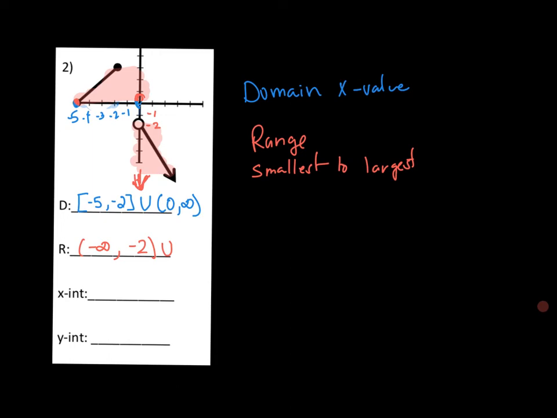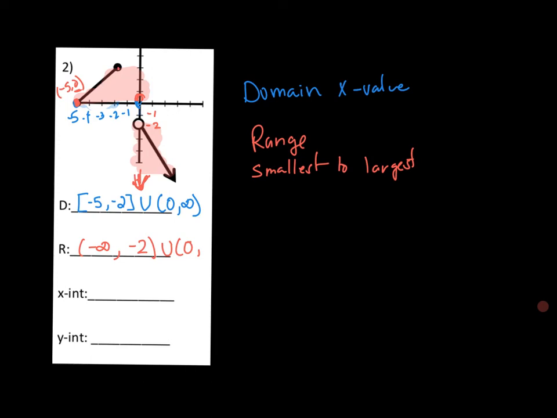Now I'm going to go ahead and label this point. This point right here is (-5, 0). And again, for the range, we are looking for the y value. That's a filled in circle. So that will go ahead and now go from 0. Again, the y values.